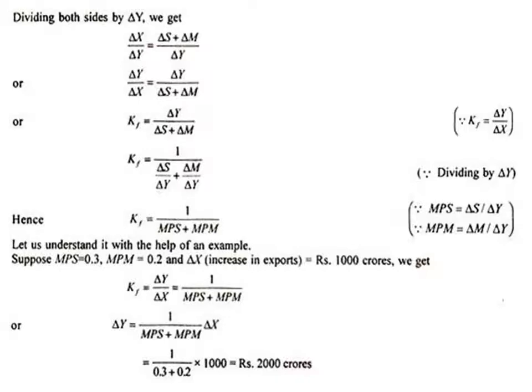So delta Y, change in income, equals 1 by MPS plus MPM multiplied by change in export. That is 1 divided by 0.3 plus 0.2, multiplied by 1000, equals 2000 crores. Export increases by 1000 crores, income increased by 2000 crores.